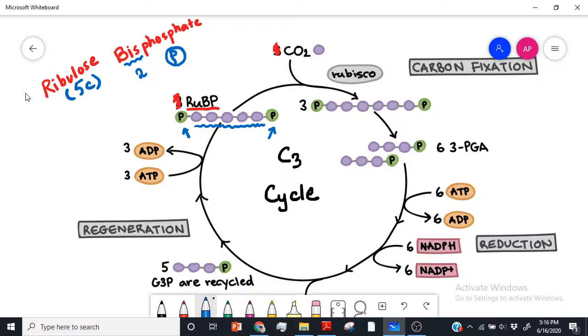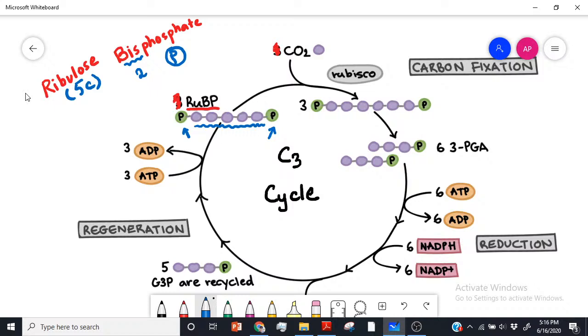Now, there's a molecule known as RuBP which is present in the stroma of the chloroplast. What is the full form of RuBP? RuBP is ribulose bisphosphate. Let's break down this name to understand what it is. There's a ribulose part, and along with that we have the term bisphosphate.